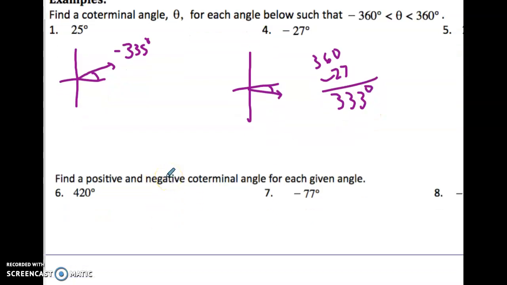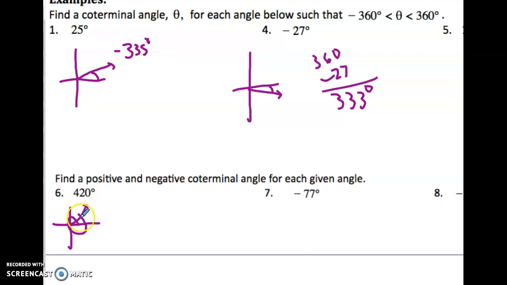Number 6, find a positive and negative coterminal angle for each given angle. So 420, if I drew a picture and look at what we have here, 420 is all the way around once, so that'd be 360 plus another 60, so about 2/3 of the way up. Sorry, picture's really bad. Hopefully you understand what that is.